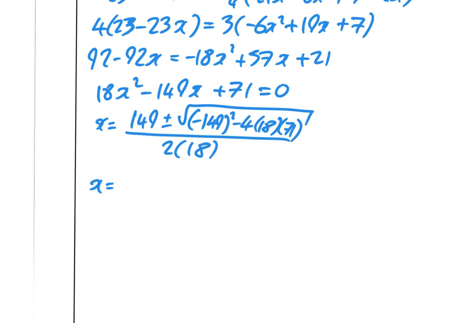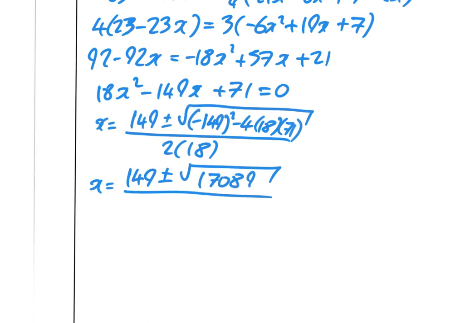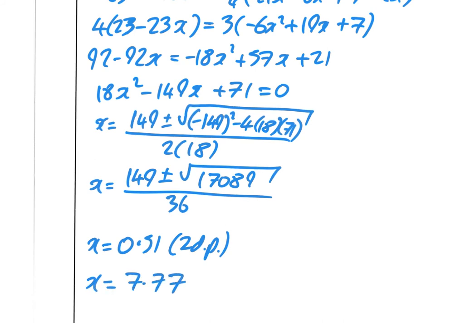And then x works out to be, I just like to tally up the square root inside that square root, so it's square root of 17089 all over 36, which means x is equal to 0.51 to 2 decimal places, or x is equal to 7.77 to 2 decimal places.